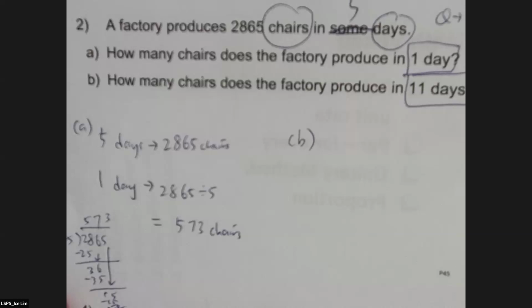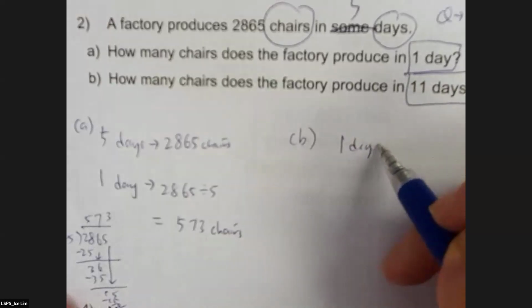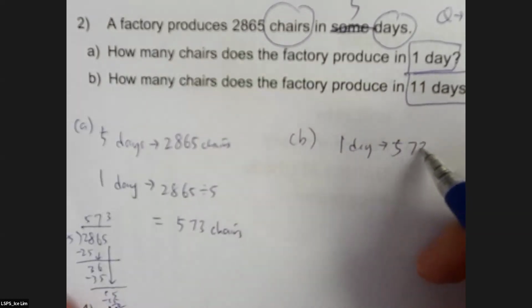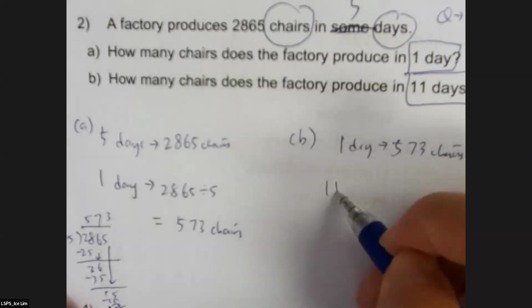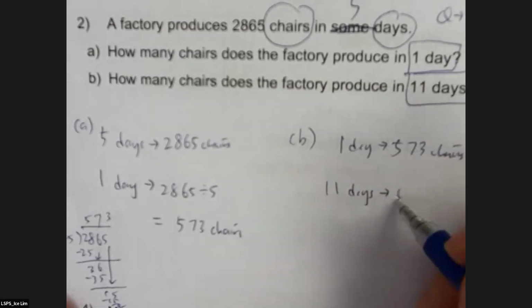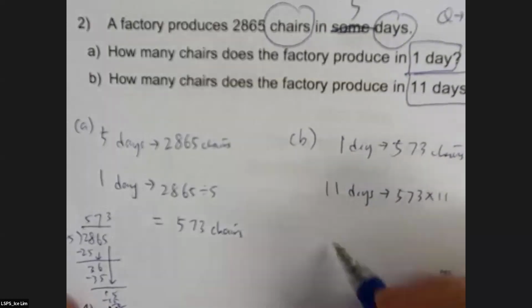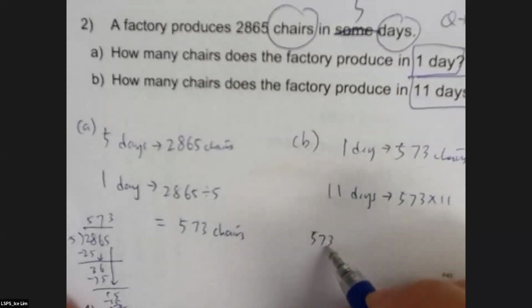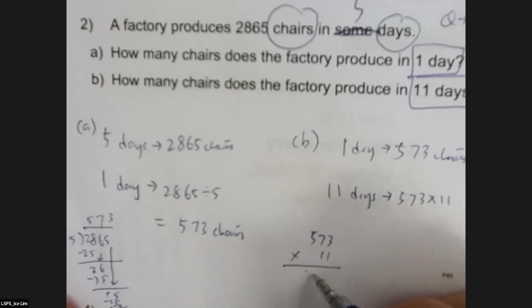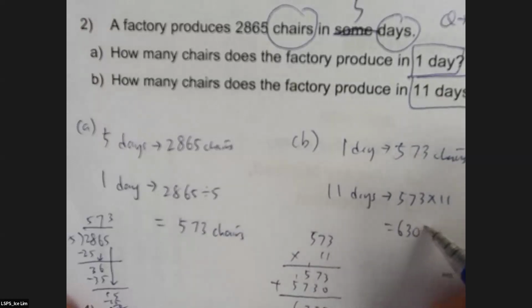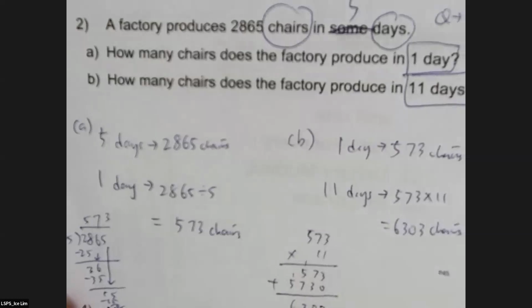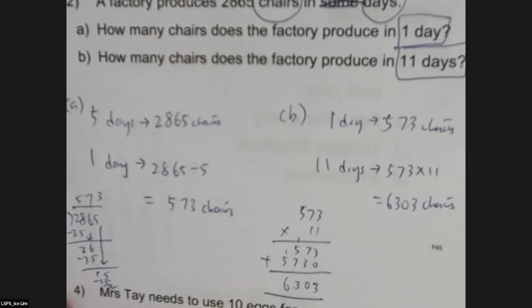Is it challenging? So I have 1 day is 573 chairs. So 11 days will be 573 times 11. Am I going too fast?